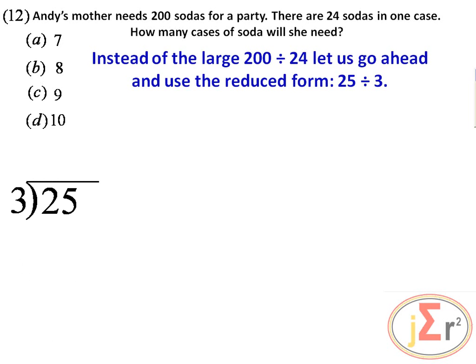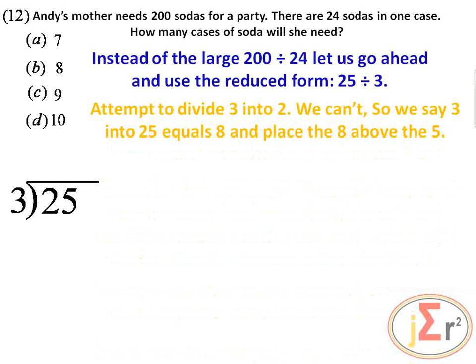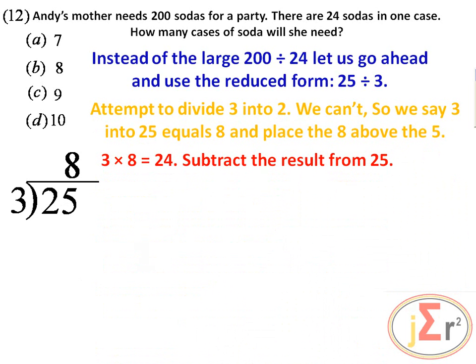3 into 2. I can't. 3 into 25. 8 times. Okay. So attempt to divide 3 into 2. We can't. So we say 3 into 25 equals 8 times, and place the 8 above the 5. Watch this now, Jerry. 3 8s, 24. Subtract the result from 25.